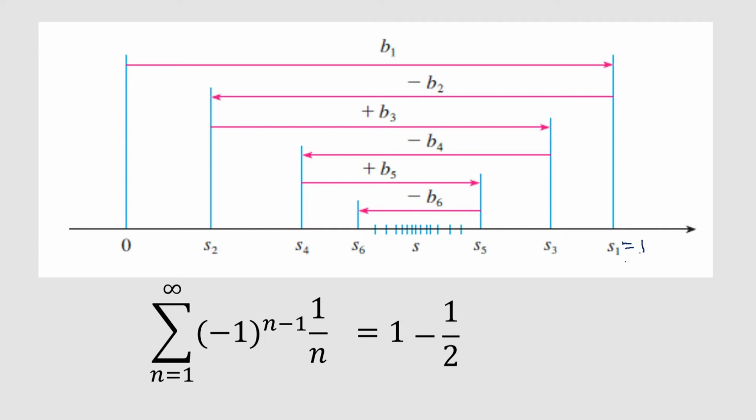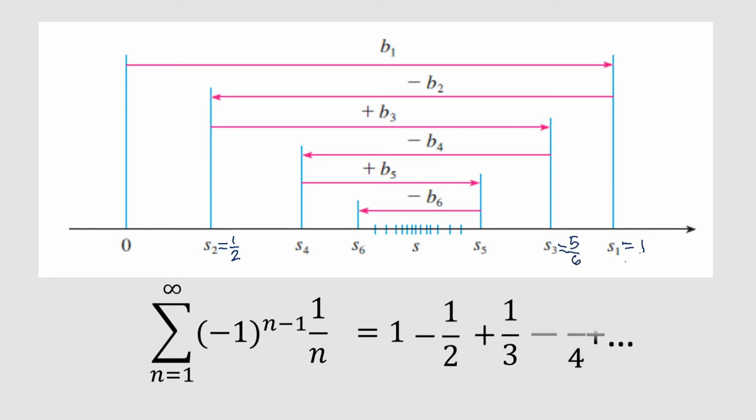The second term is -1/2. We get it when n is equal to 2. Now, the partial sum s sub 2 is going to be 1 minus 1/2, and that is equal to 1/2. The third term is positive 1/3. So what's the partial sum? That's going to be s sub 3, 1 minus 1/2 plus 1/3. That is equal to 5/6.